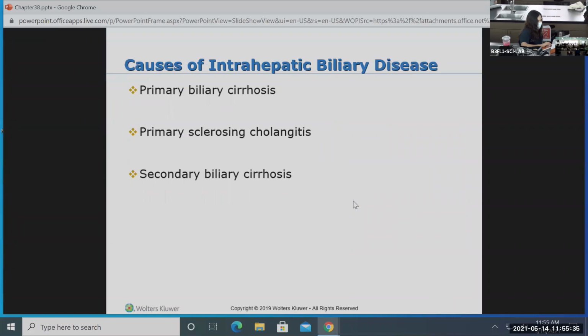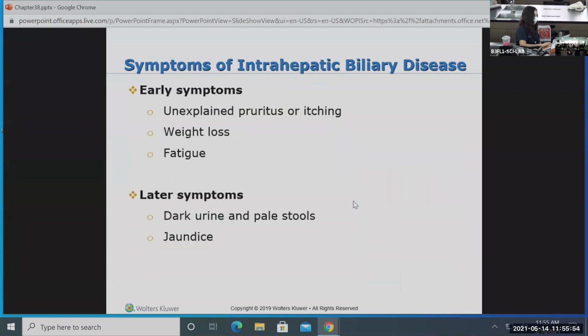Now, the primary cause of intrahepatic biliary disease may be primary sclerosing type, and the secondary. Most common is secondary also.